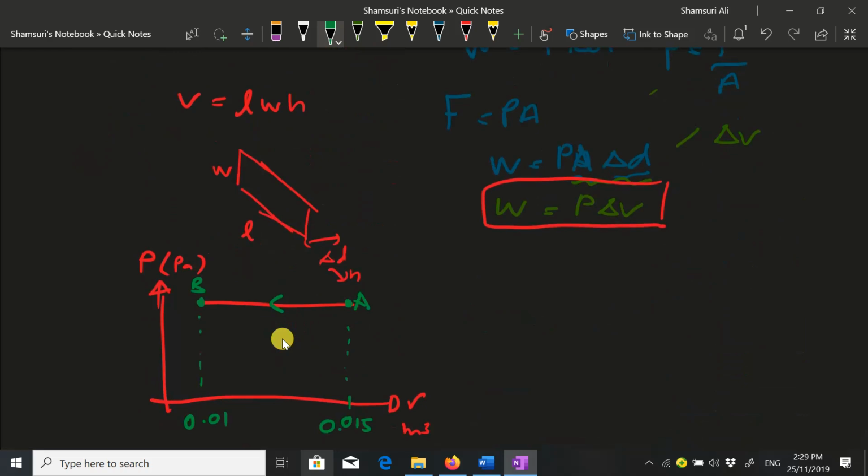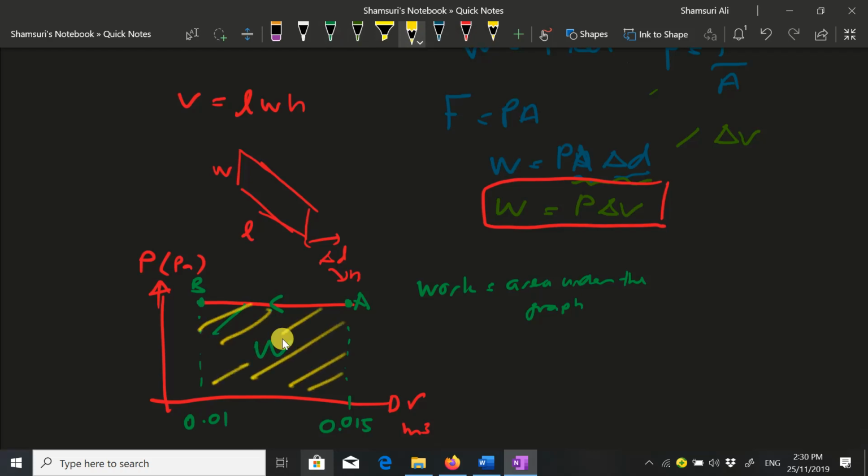So the work is equal to the area under the graph, which is actually this one.